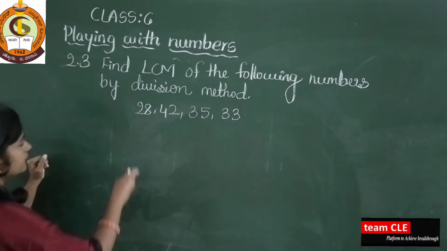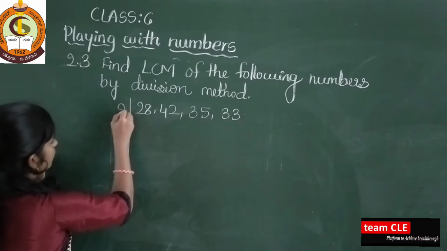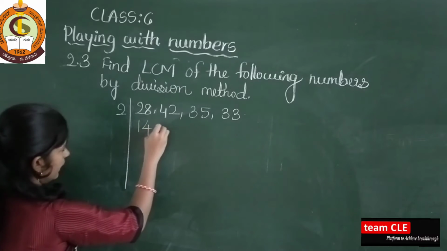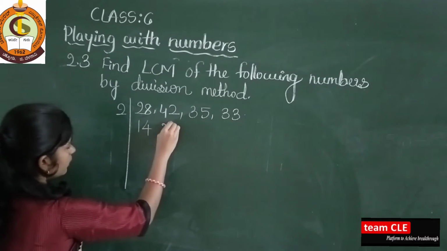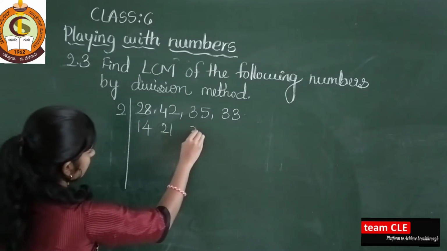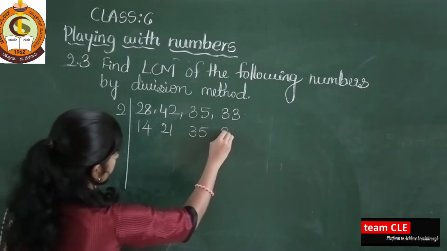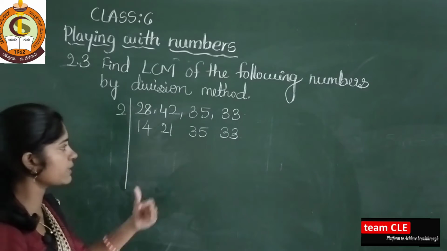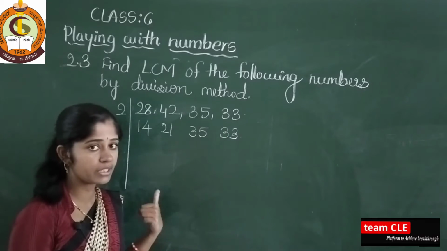I will take 2 here. Then 2 1s are 2 and 2 4s are 8; 2 2s are 4, 2 1s are 2. Next I will keep 35 as it is and 33 as it is. Why? Because these two numbers will not divide by 2.